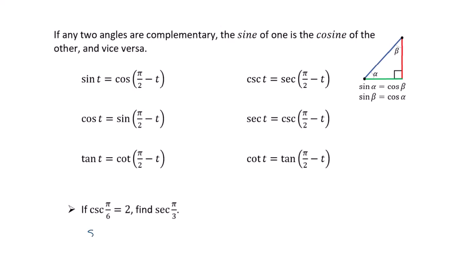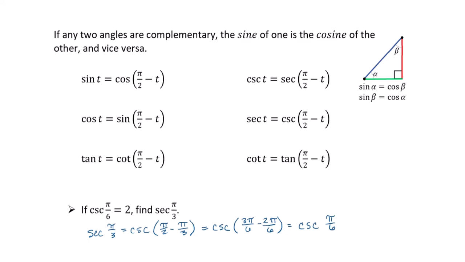Well, I know the secant of pi over 3 is going to be equal to the cosecant of pi over 2 minus pi over 3, which is the cosecant of 3 pi over 6 minus 2 pi over 6, which is the cosecant of pi over 6.